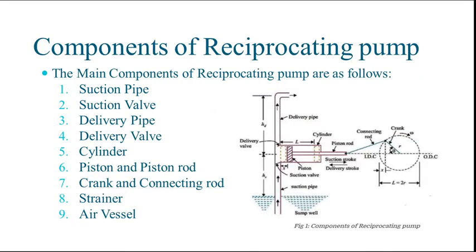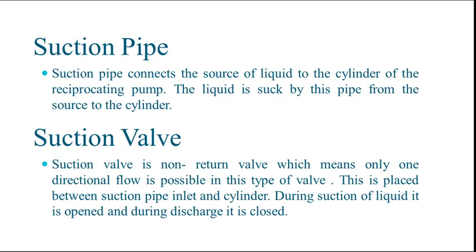The main components of reciprocating pumps are suction pipe, suction valve, delivery valve, cylinder, piston and piston rod, crank and connecting rod, strainer and air vessel. Suction pipe. Suction pipe connects the source of liquid to the cylinder of the reciprocating pump.